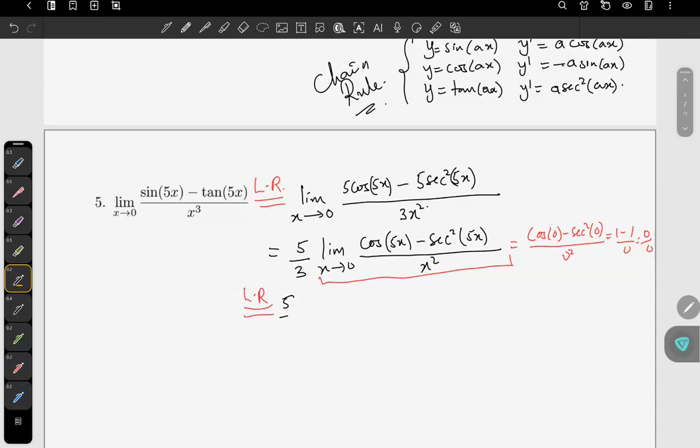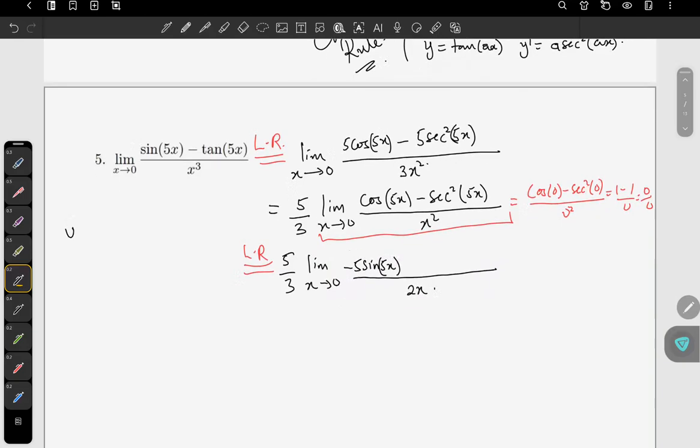We have 5 over 3, and the limit as x approaches 0, the derivative of the denominator is 2x, and the derivative of the numerator, we have negative 5 sine 5x. So what's the derivative of sec squared 5x?